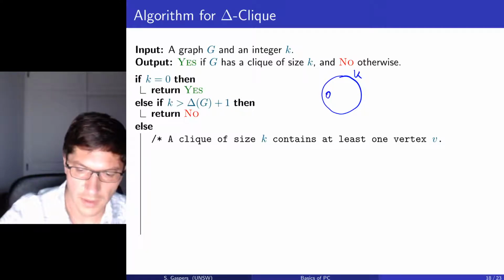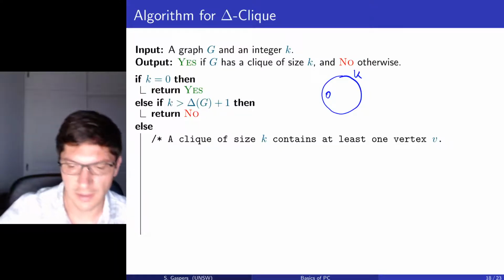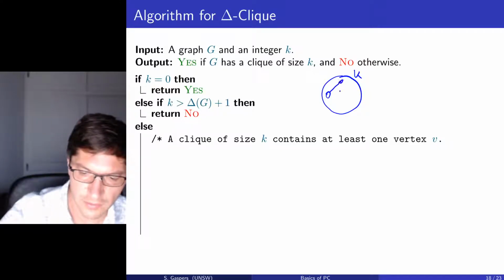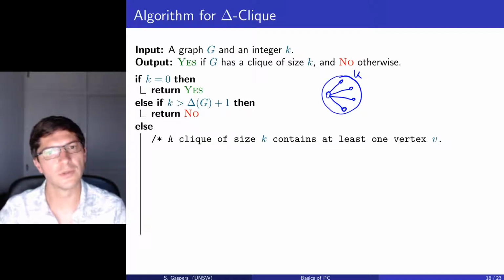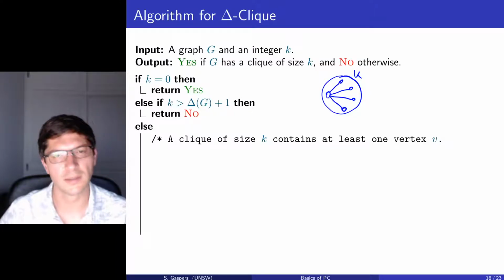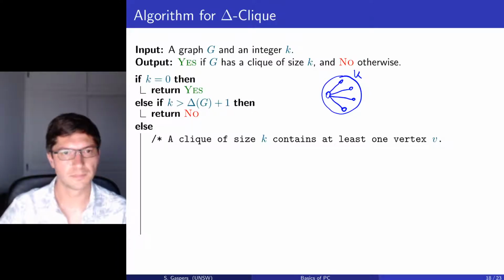In a clique of size k, notice that every vertex is adjacent to all the other k minus 1 vertices of this clique. So every vertex will have degree at least k minus 1. But now if k is larger than the largest degree plus 1, then such vertices do not exist, and that's why there's no clique of size k.